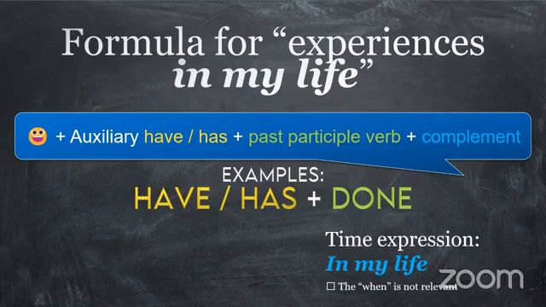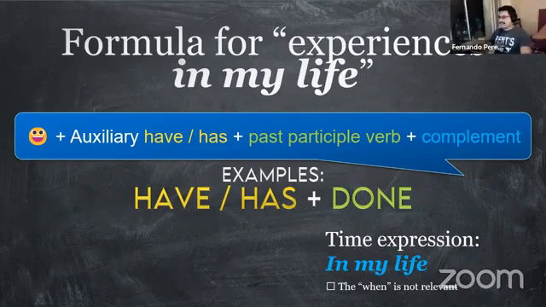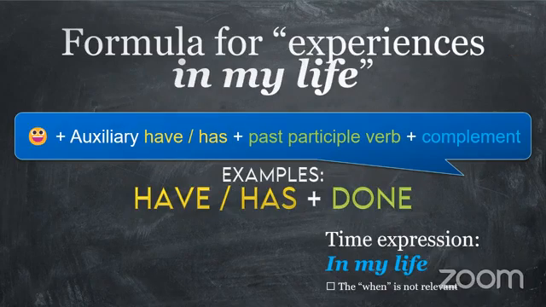Okay. Yes. Are you confused, Benji, or do you understand? A little, and we use have or has plus past participle verb for the actions that we do only one time, for example.